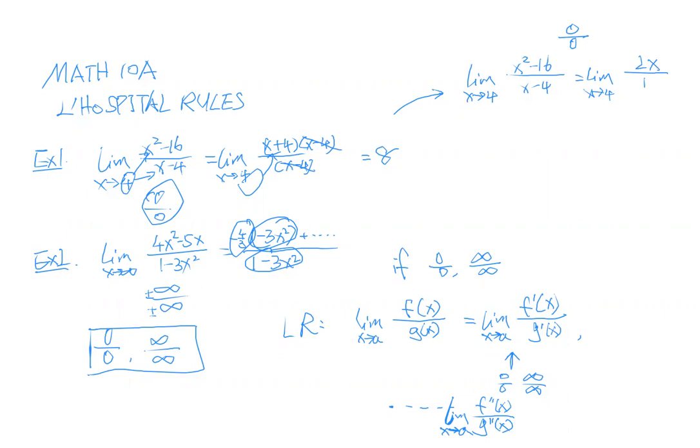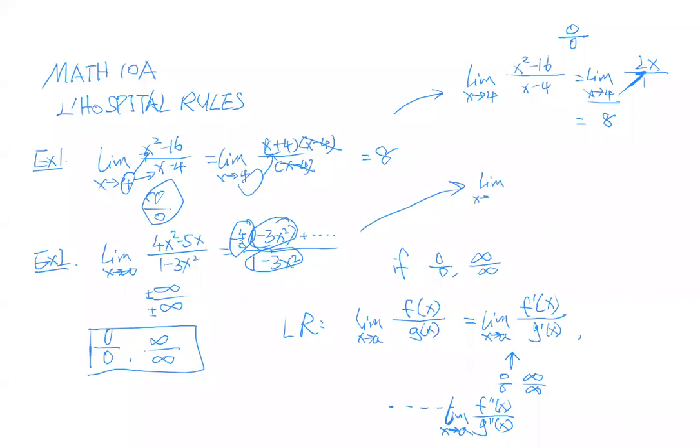Now here, it doesn't give us 0 over 0 or infinity over infinity, so we cannot apply the rule again. If we apply it again, it will be 2 over 0, which just doesn't make sense anymore. So if we put x to 4 here, we get 8. Very quick, right?